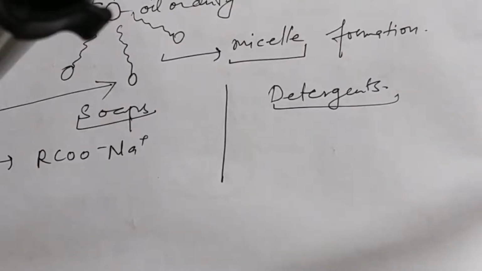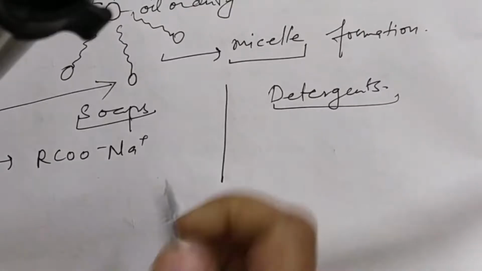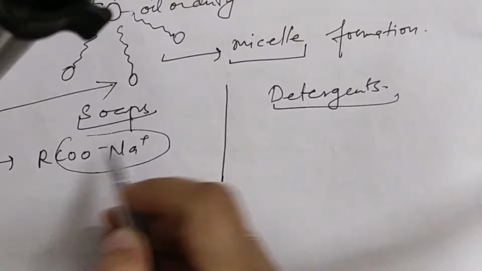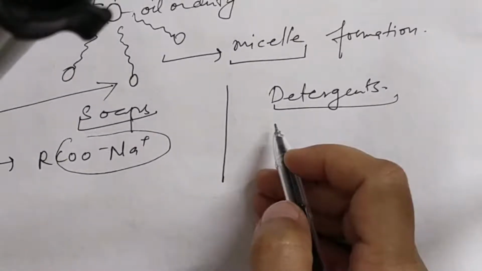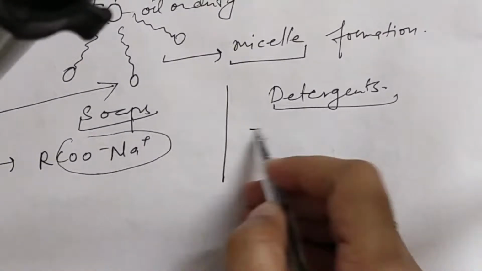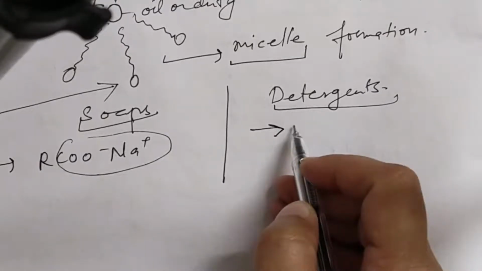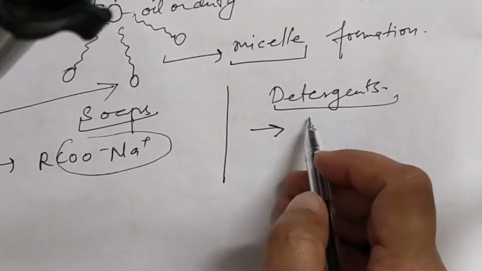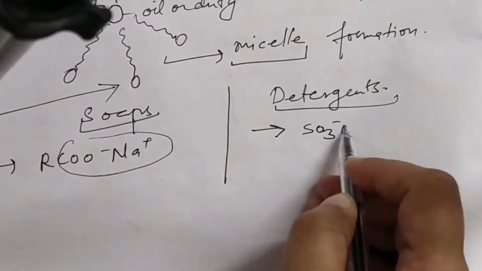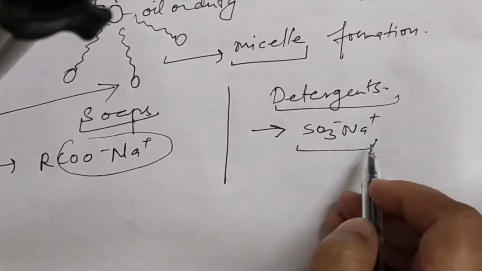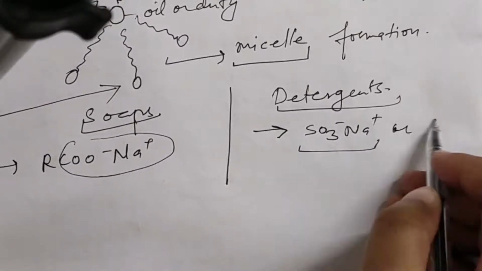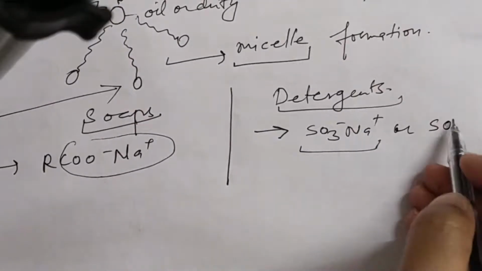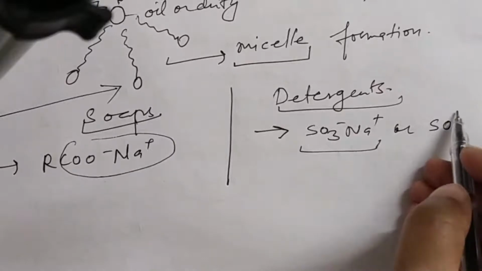The ionic group here is COO negative, Na positive, whereas detergents are the sodium salts of long chain sulfonic acids. Here the ionic part is SO3 negative, Na positive, or sulfonates, or sulfates, SO4 negative, Na positive.